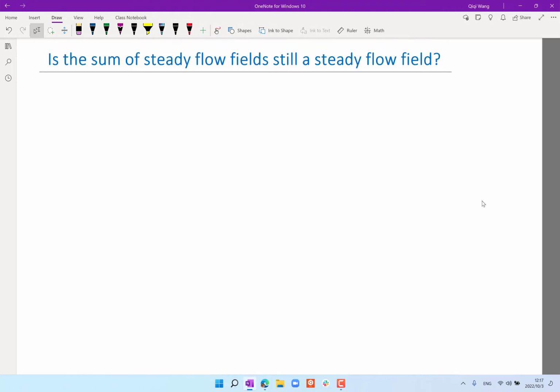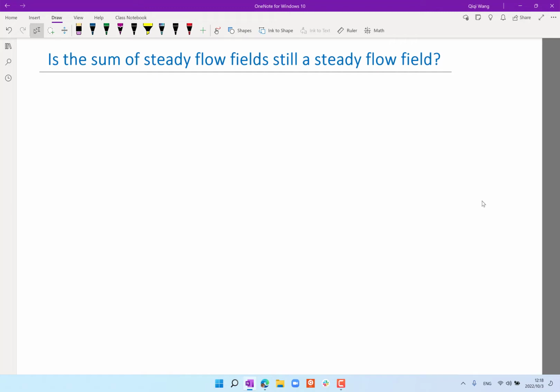Maybe to end this, I'll provide you a counterexample of the sum of steady-state flow fields; it actually doesn't have to be a steady-state flow field. Here, I'm going to use one irrotational flow field and one rotational flow field, similar to what one of you posed as a potential counterexample for compressible and incompressible flow.